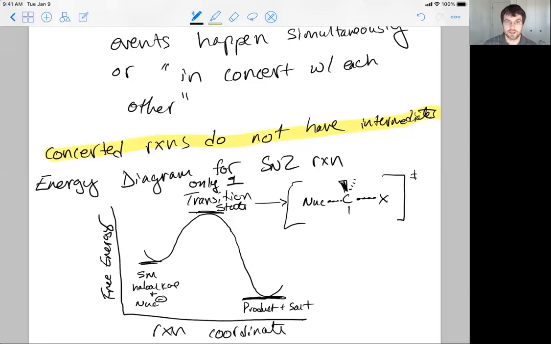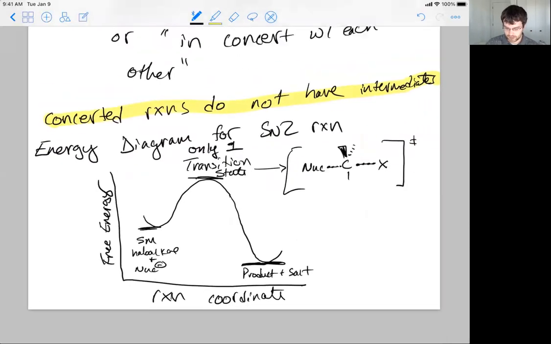This is an example where we have a nice simple energy diagram: starting materials, transition state, and products. In addition, we're able to actually draw the geometry of the transition state. With all of this information, we can start to think more deeply about the reaction, and in particular, I want to think about the kinetics of the SN2 reaction.